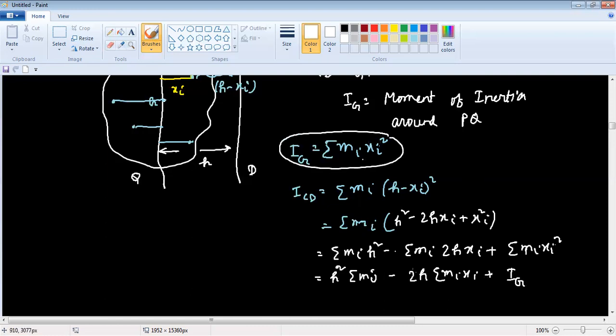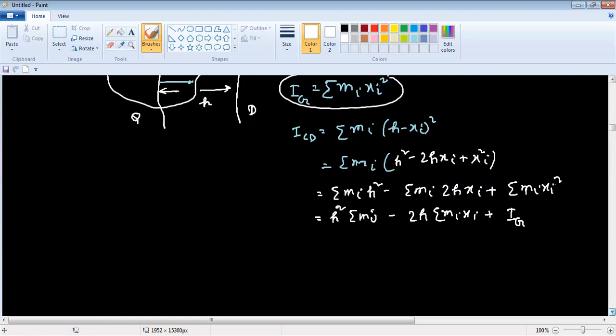Now, summation of mi means the total mass of the object. So we can write this as m h square minus 2h into 0 plus Ig. So finally, we have the formula ICD equals IG plus MH square.